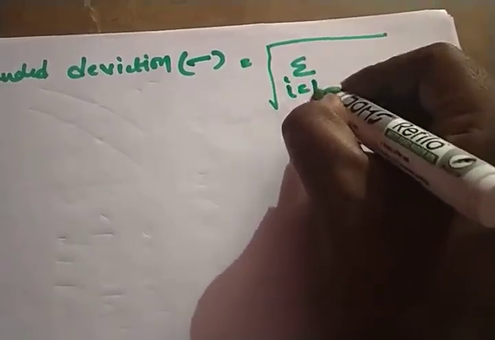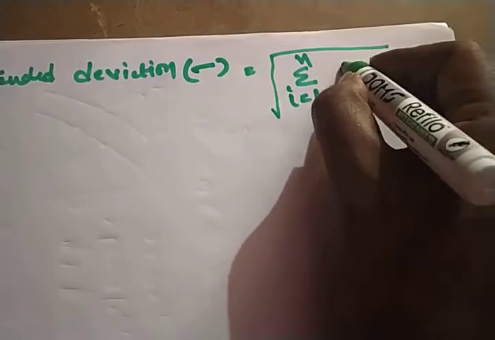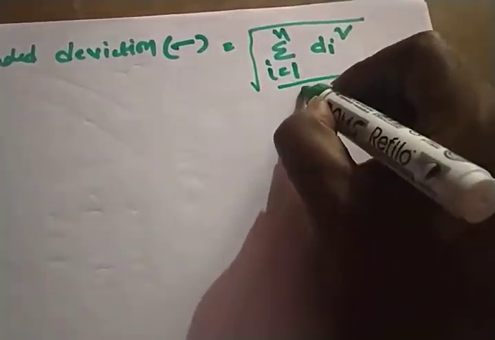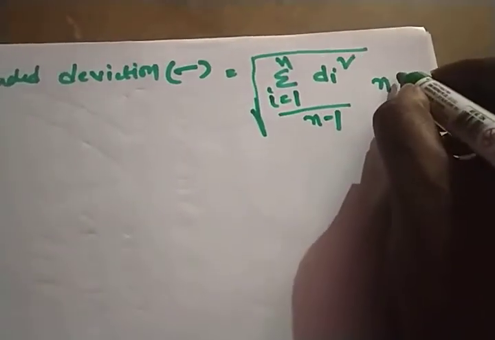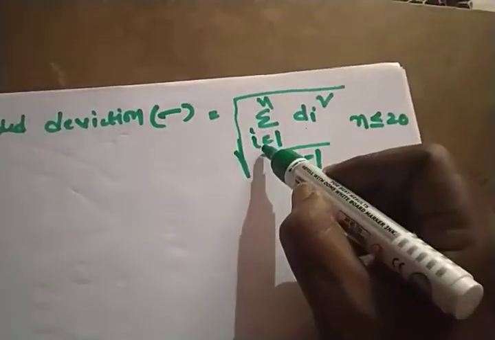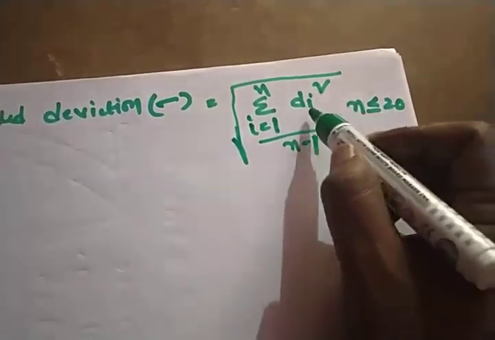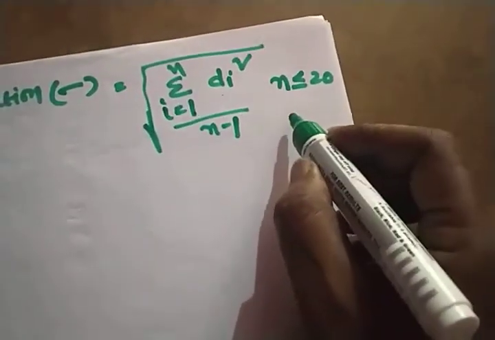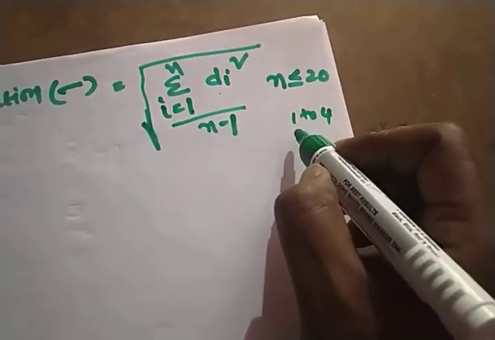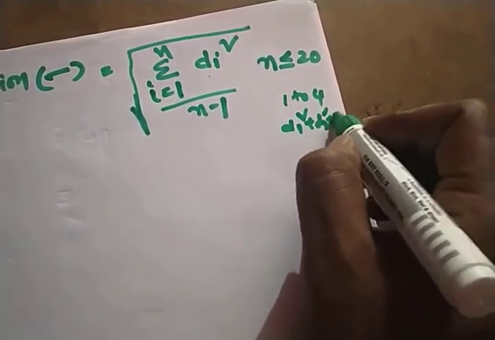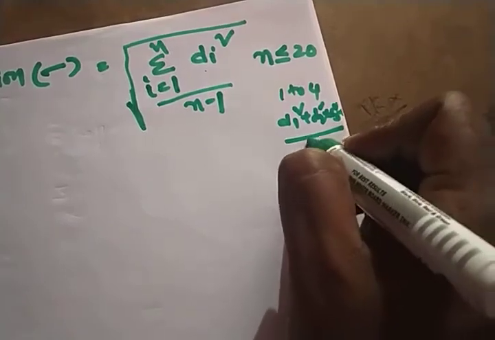Sigma is equal to the square root of the sum from i equals 1 to n of di square, divided by n minus 1, where n is less than or equal to 20. If i is equal to 1 to 4, for suppose, it is d1 square plus d2 square plus d3 square plus d4 square, divided by 4 minus 1.